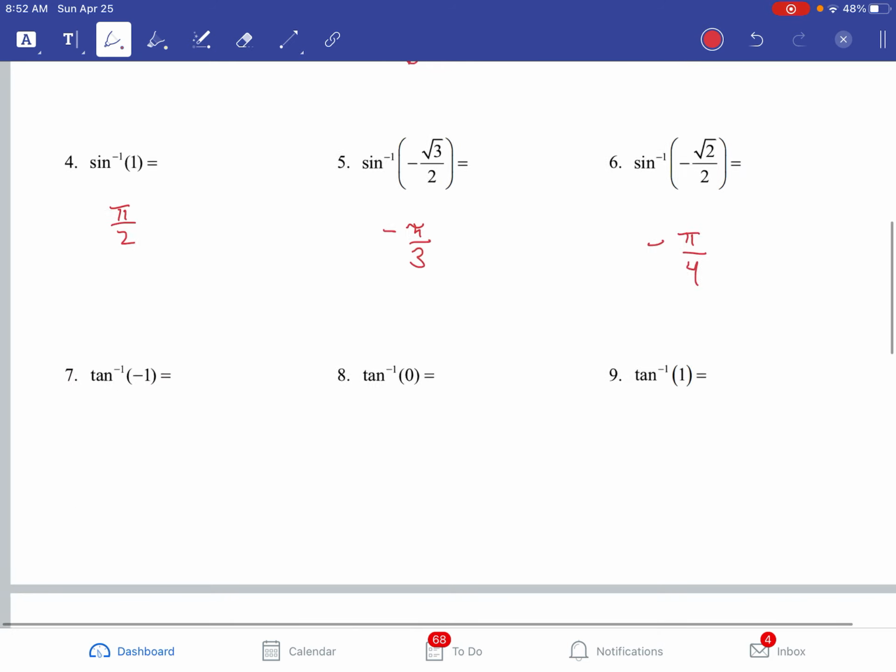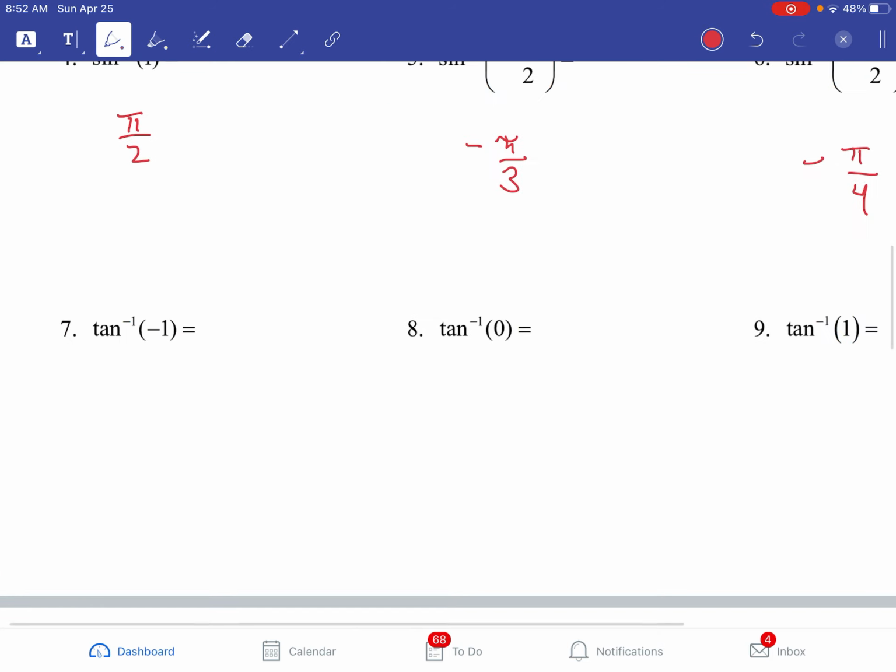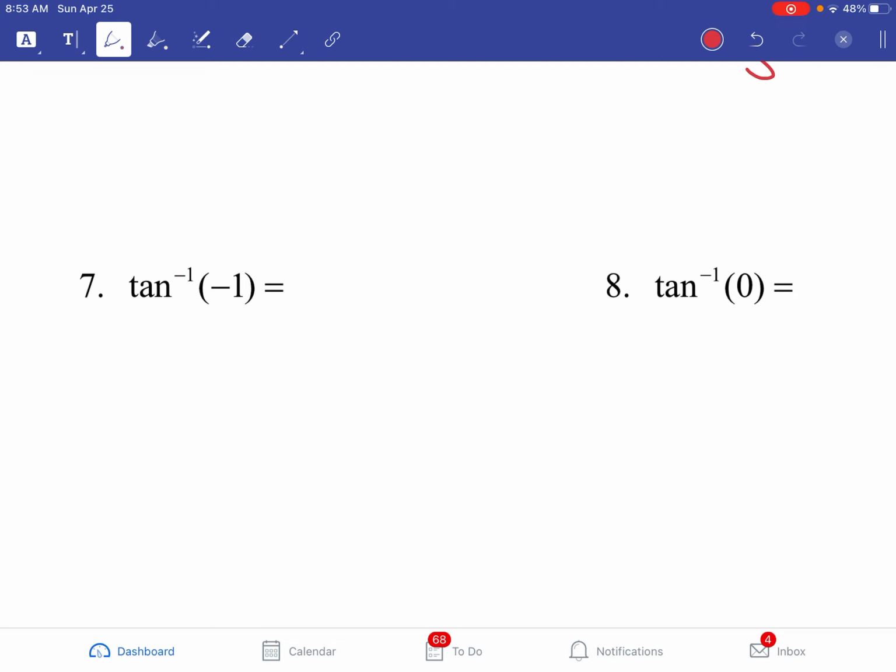Tangent's a little more difficult just because a lot of times you have to deal with the fractions of sine over cosine. We're trying to give you some easy examples in this case because we're giving you negative 1, 0, and positive 1. So at negative 1, you've got to think where is the y over x, sine over cosine, going to give you negative 1.